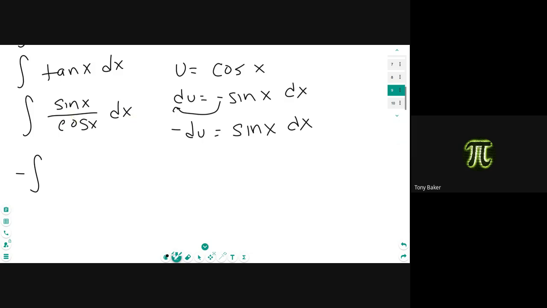The sine x dx is gone. So I have 1 over u du. What's the integral of 1 over u? That's the ln.